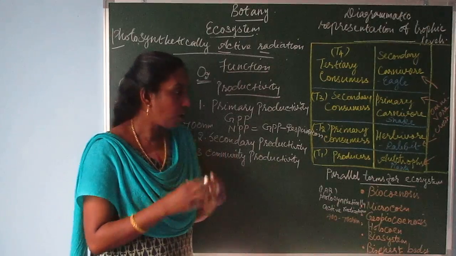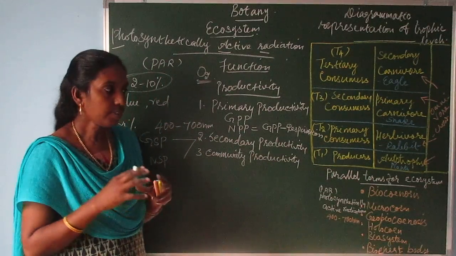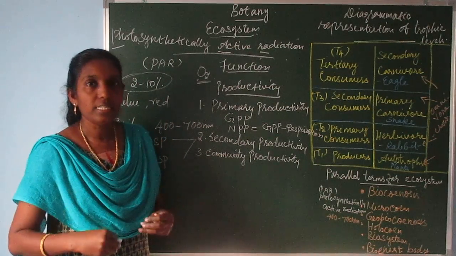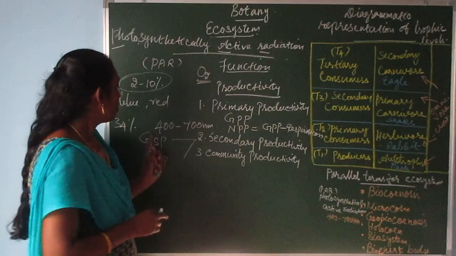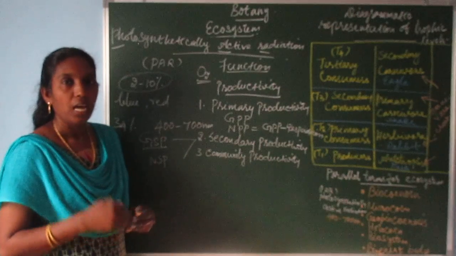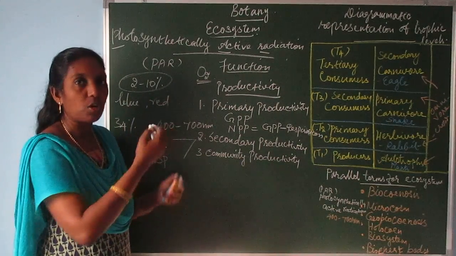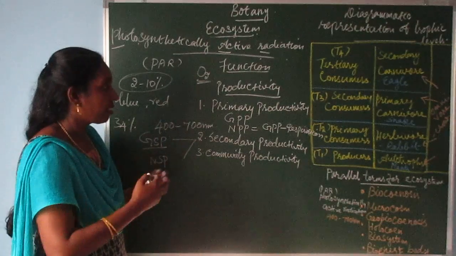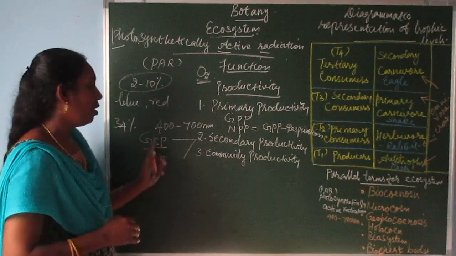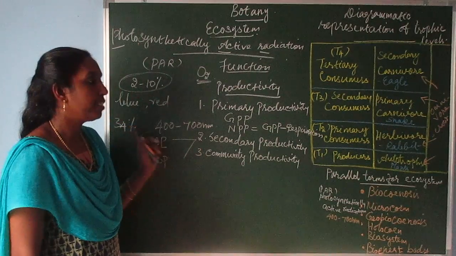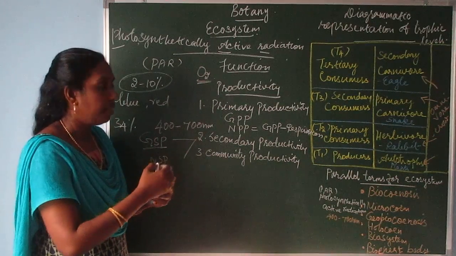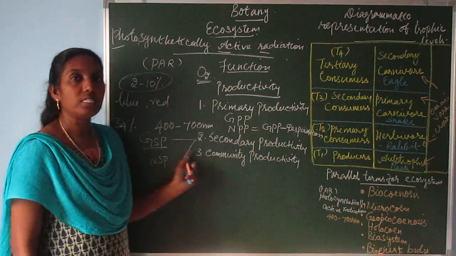What is meant by gross secondary productivity? Heterotrophic organisms consume or ingest the autotrophs, plants. The gross secondary productivity is the total amount of plant material ingested by herbivorous animals.